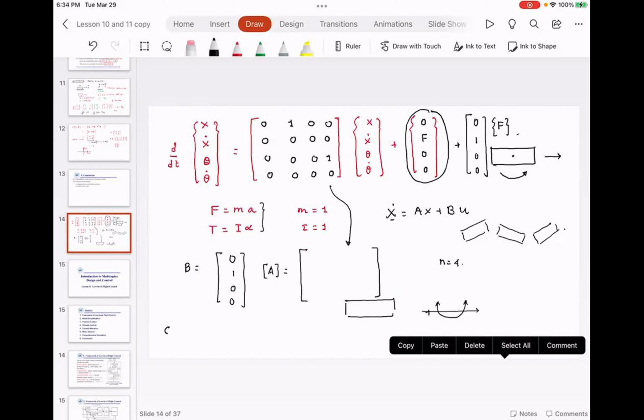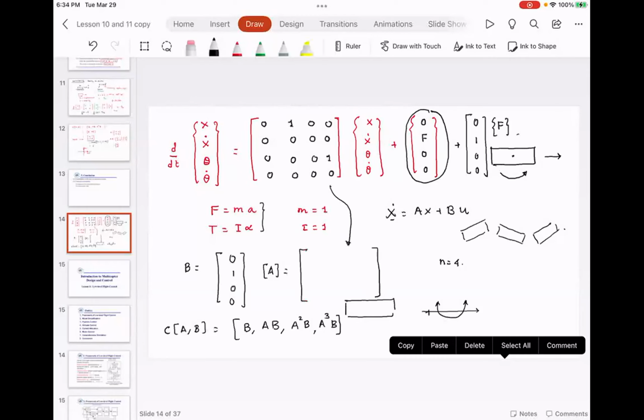If I say C(A, B), it is going to look like B, AB, A squared B, and A cubed B. I would encourage you to work this problem, and you will realize that the rank will be less than 4, which is quite logical, because if you want to control the angular motion of that mass, just the force in the horizontal direction won't help you.